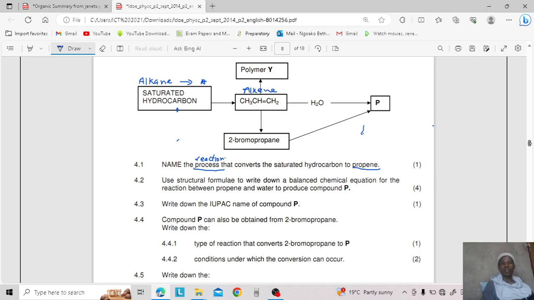So if we go from alkane to alkene, then we're going to have an elimination. That will be an elimination reaction or elimination process. That is what we have. Saturated means it is an alkane. So this one will be unsaturated.